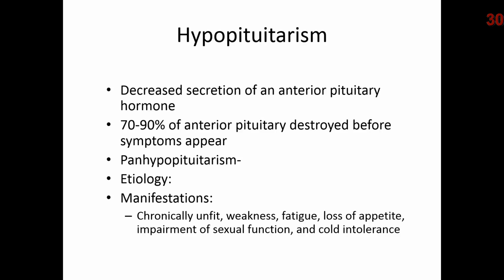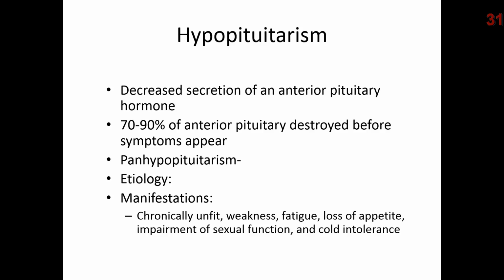So again, decreased secretion of the anterior pituitary hormones. You have to understand that 70 to 90% of the anterior pituitary is destroyed before we ever see symptoms. If all of the anterior pituitary hormone secretion is low, then we call it panhypopituitarism. Again, all the hormone levels are low.